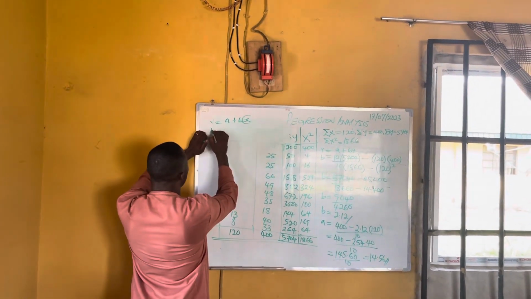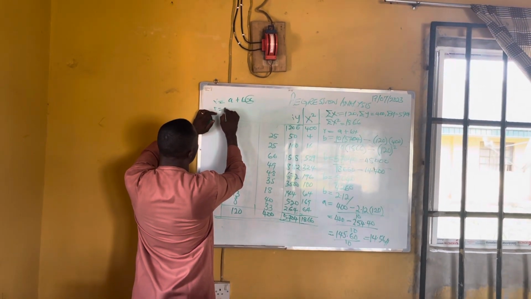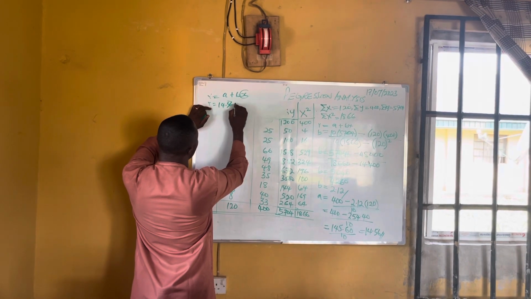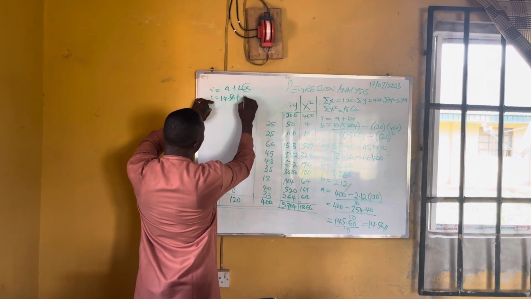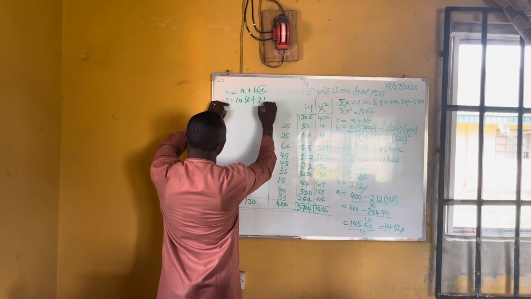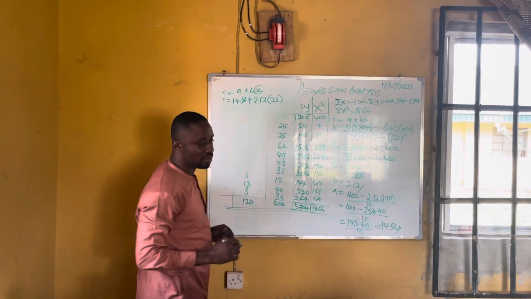So y is equal to, the estimation value, 14.56 plus 2.12 multiplied by 25. It's 25.